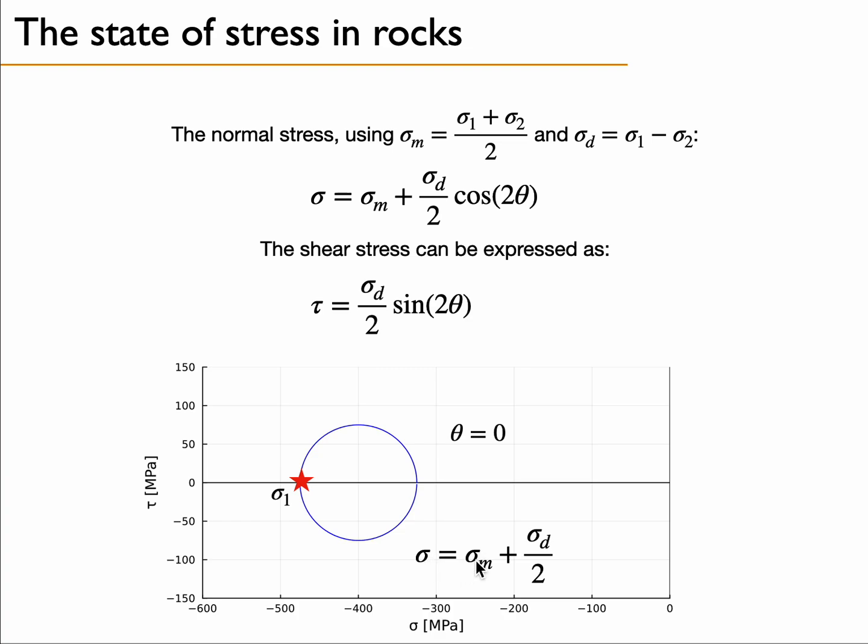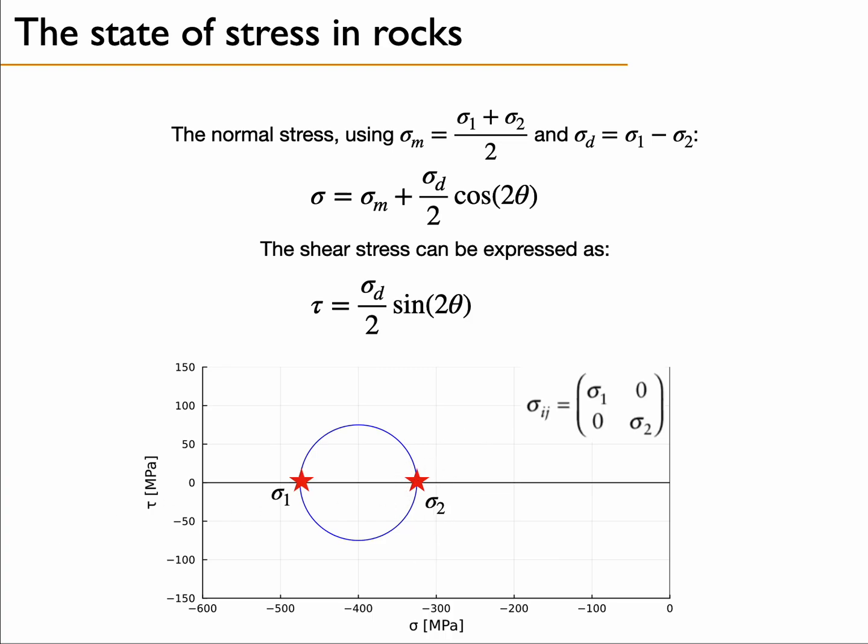You will have sigma is equal to sigma m plus sigma d divided by 2, because cosine 2 times 0 is 1. Now, if we go for the angle of theta equals 90, the cosine will flip sign, and you will obtain that sigma is sigma m minus sigma d divided by 2. That corresponds to the second principal stress.